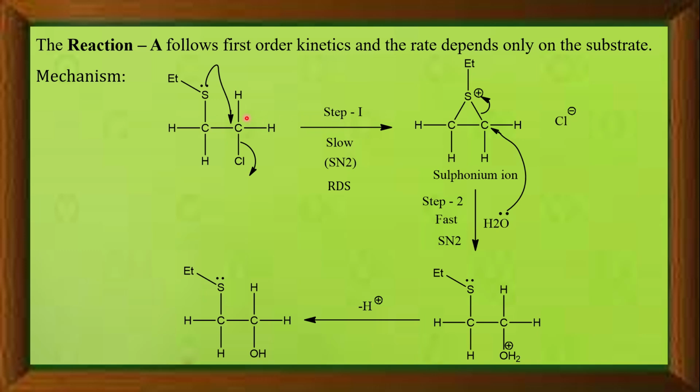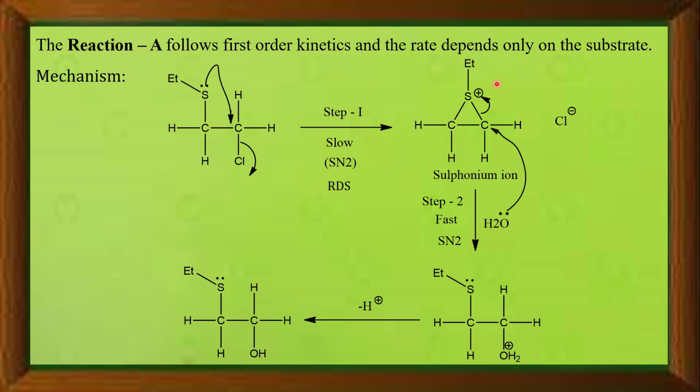In this reaction, sulfur attacks from the backside of chloride, which is an SN2 reaction, pushing this chloride out, and that results in the formation of a sulfonium ion. So one SN2 reaction has taken place here, and this is the slow step and rate determining step.